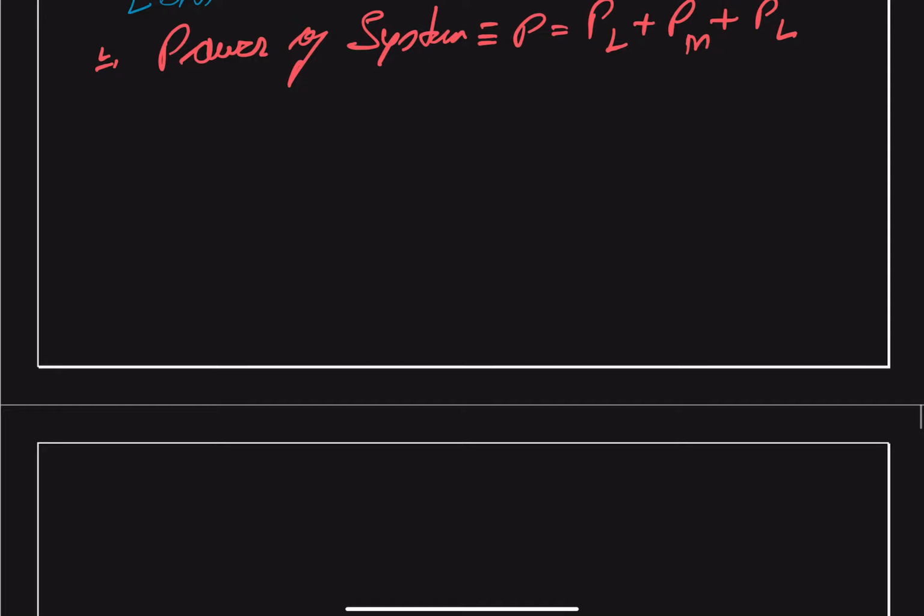So P is equal to twice PL plus PM. PL is equal to 1 upon FL, which is 1 upon 0.25 meters, and this gives 4.17 diopters.